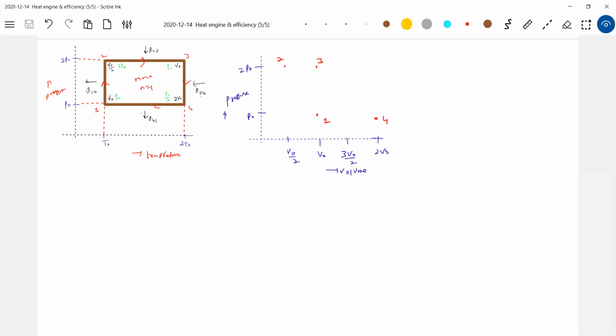So 1 to 2 should be a rectangular hyperbola. What about 2 to 3? Isobaric heating, in the PV graph a horizontal line. This arrow, some other color. Yeah. 3 to 4, isothermal expansion.